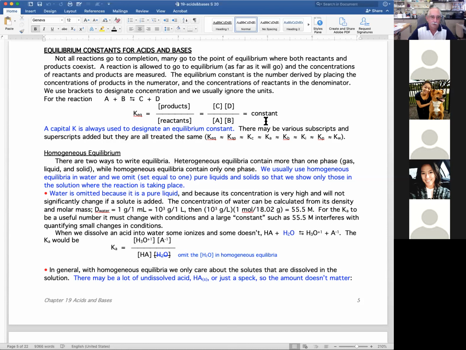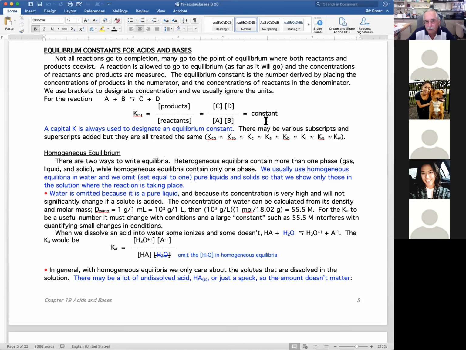Then there's also some confusion about different ways to describe or designate equilibrium constant. And we always use a capital K for equilibrium constant. Always. A lower k means something else. Those are rate constants.